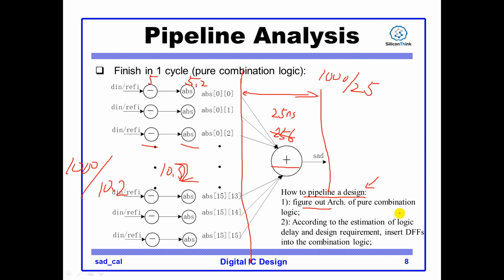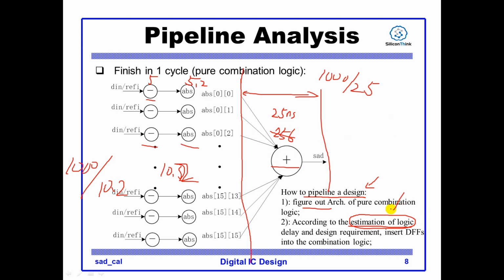So the key point is you should have the pure combination logic architecture of the function. Then you have to estimate the delay of each operation. So how to estimate the delay of each operation, such as the delay of sub, abs, accumulate?